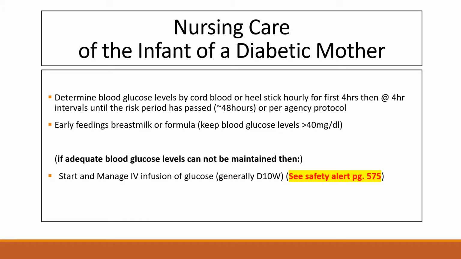I want to draw your attention to the safety alert on page 575 in your textbook that says when infusing either a D10W bolus or a constant infusion, be careful not to administer too much glucose too fast in order to prevent hyperglycemic induced insulin secretion.